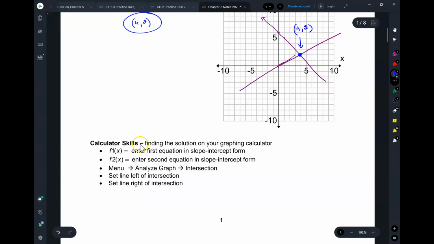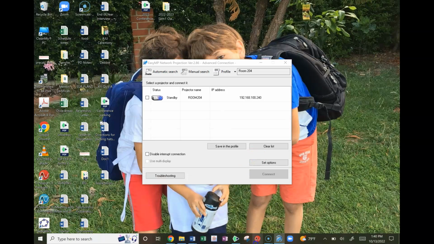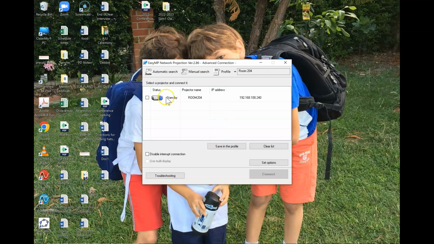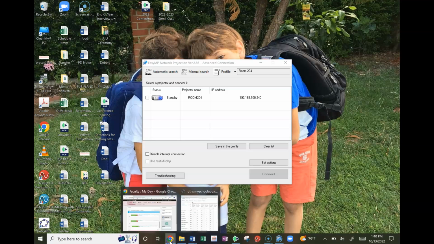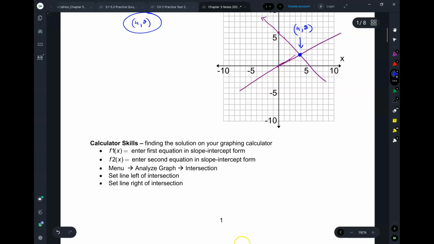And let's put that on the calculator. So what you're going to do is put the first equation into F1 and the second equation into F2.